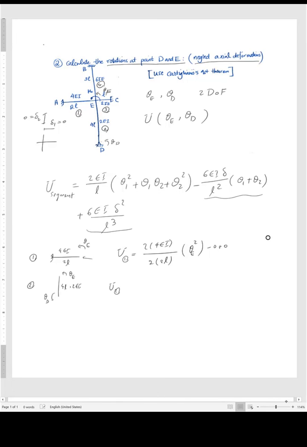So U of 2 is 2EI over 2 times 4L times, now you see you both have theta to the left and theta to the right, so you have theta D squared plus theta D theta E. I'm going off of the template equation, so theta E squared. Again, you don't have any deltas, so these are 0.